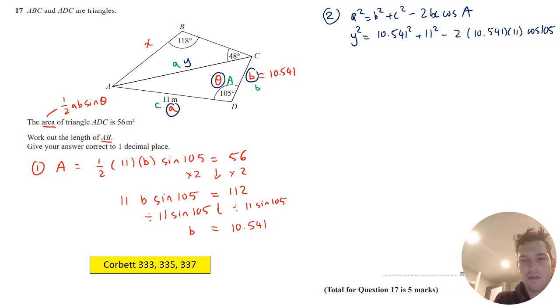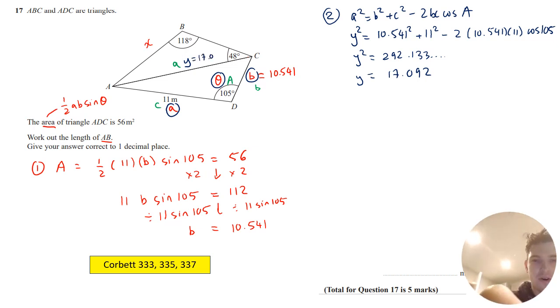If you type all of the right-hand side into your calculator, you get y squared equals 292.133. Square root that, you get 17.092. So let's add that on. Y is equal to 17.092.